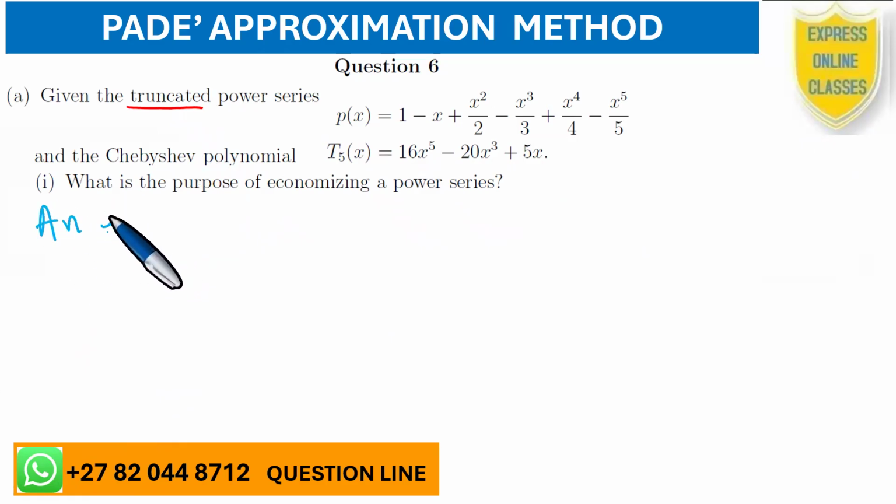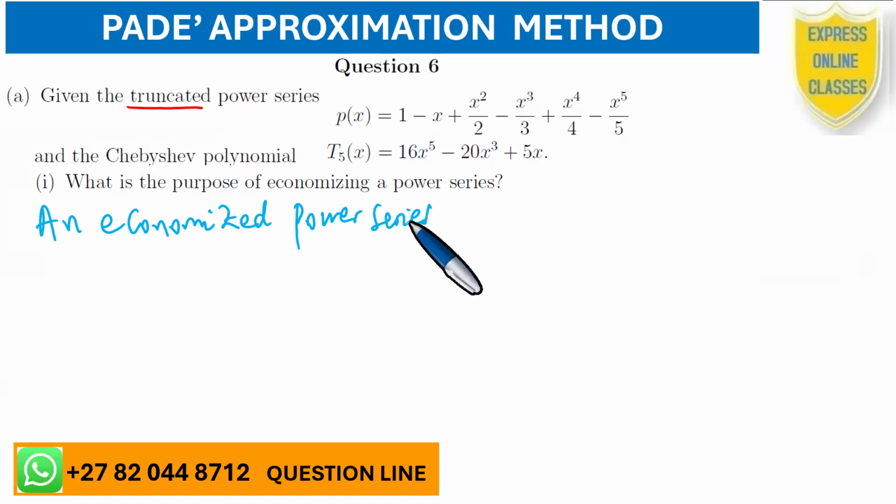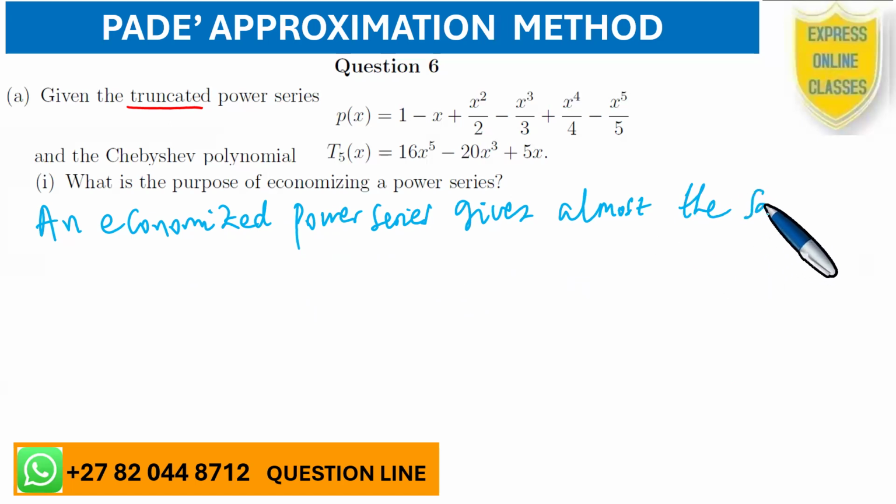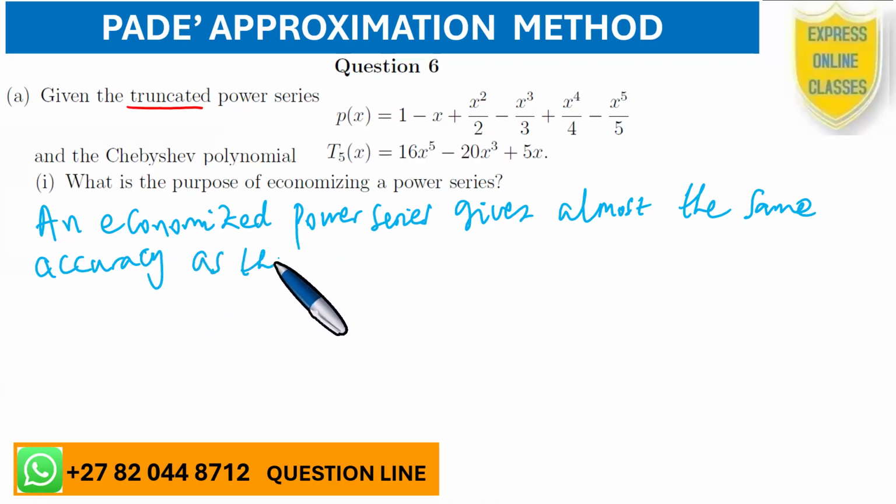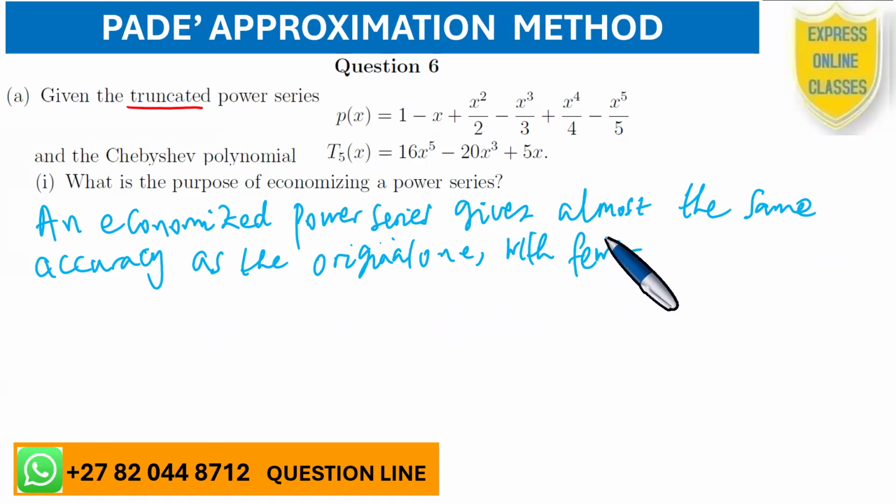So we note that an economized power series gives almost the same accuracy as the original one with fewer terms.